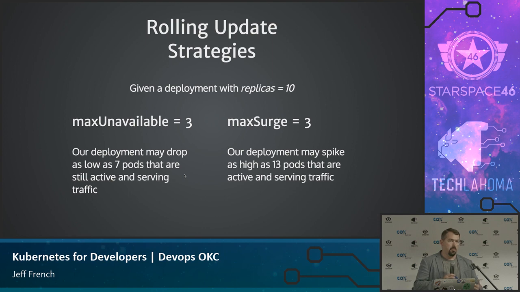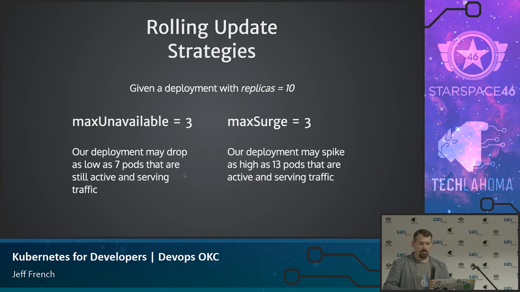So it starts those updates, and one of them might finish before the others. As soon as one of them finishes, Kubernetes says, okay, cool, I can go take down another one of your pods that needs to be updated, right? At any given time, it's going to make sure I have at least 7 available, and no more than 3 that are not serving traffic.